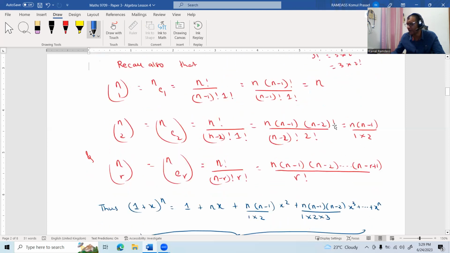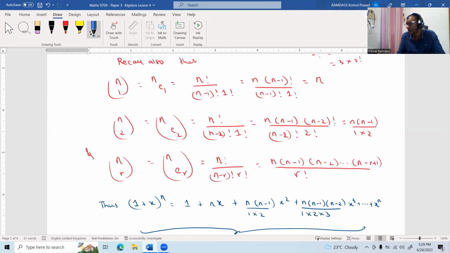C'est juste un recap. Et nC2, il est pour n factorial divided by n minus 2 factorial divided by 2 factorial. Et ce n factorial là, on est capable de remplacer par n fois n minus 1 fois n minus 2 factorial divided by n minus 2 factorial, 2 factorial, et là, ça peut couper.